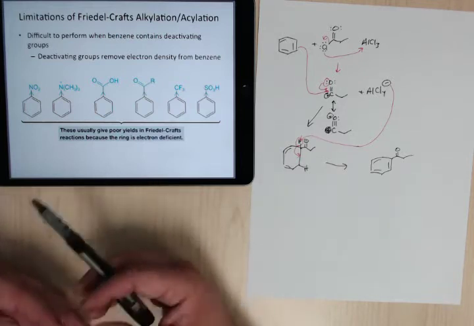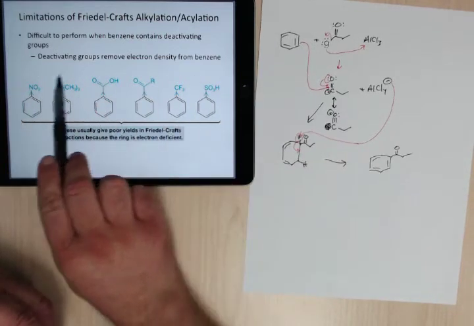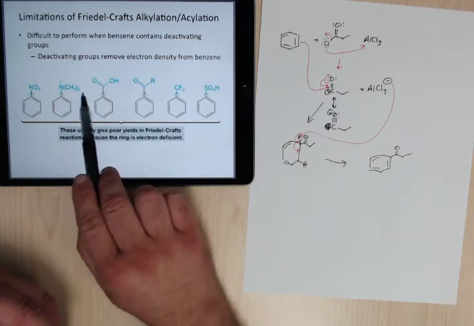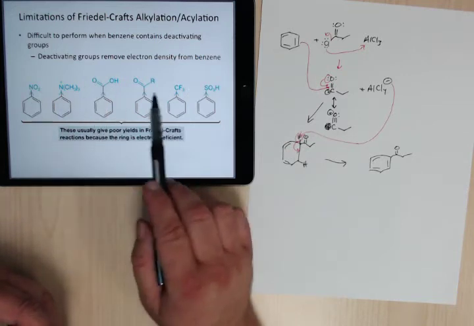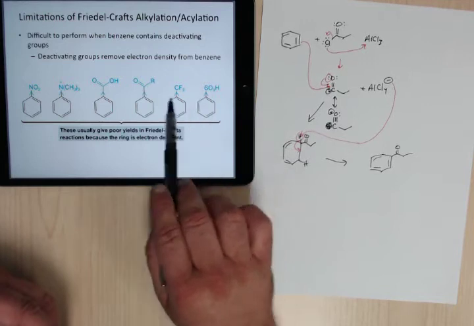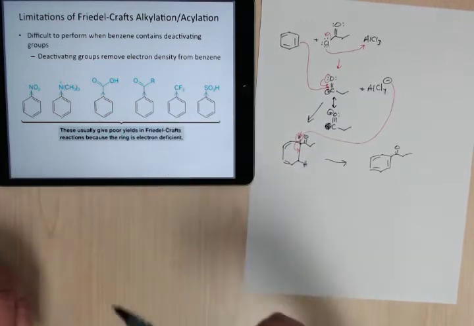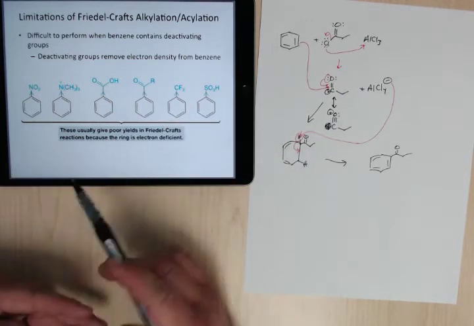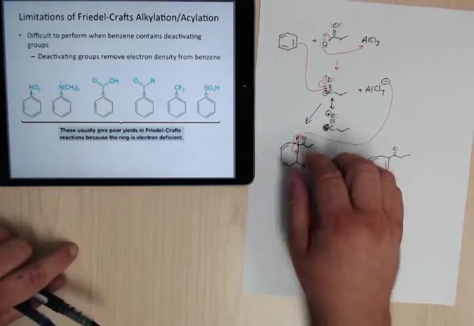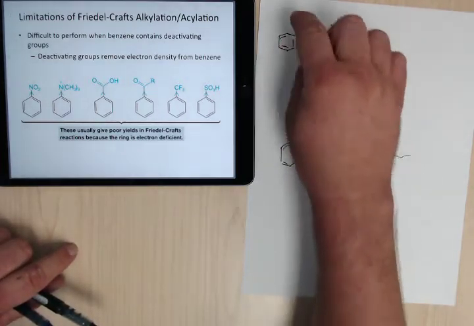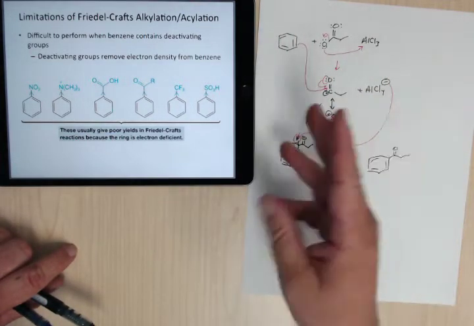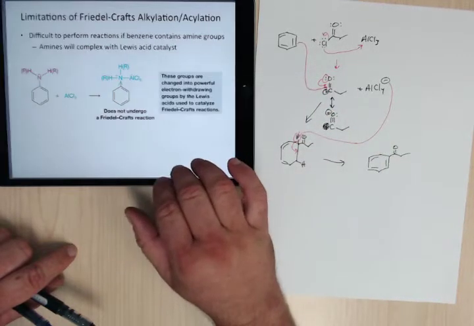So you can't do this. If you have a deactivating group, so C double bond O, N double bond O, S double bond O, a halide, CF3, this reaction just is not going to work. This is already slow enough, and you put a deactivating group on there. The carbon-carbon group is just not going to be able to get added.